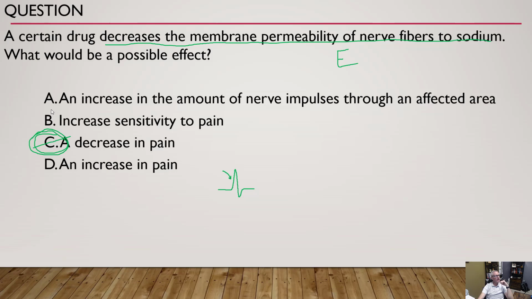All of the other answers would be if we had an increase in membrane permeability to sodium. If you decrease the membrane's permeability to sodium, you're less likely to reach threshold, so you won't generate an action potential. Answers A, B, and D all have to do with generating an action potential or sensation, which is felt because you generated an action potential.